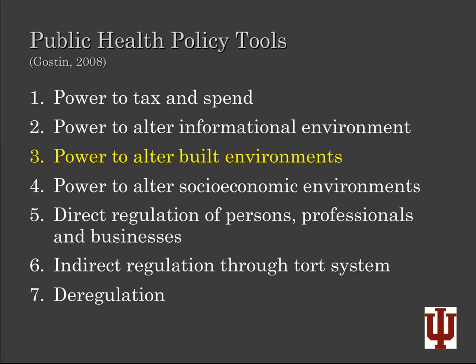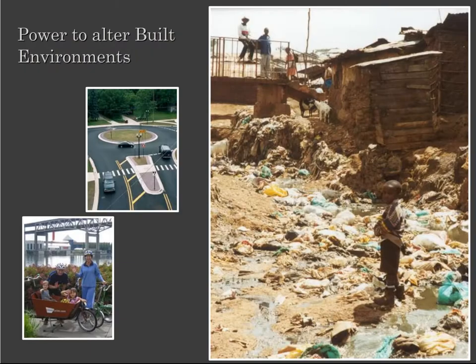The next public health policy tool is the power to alter built environments. Now again, look around and think about examples. We see traffic calming, green space development. What we do and don't do with our powers is important.